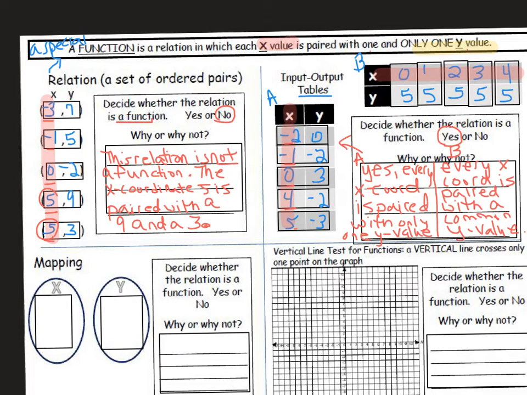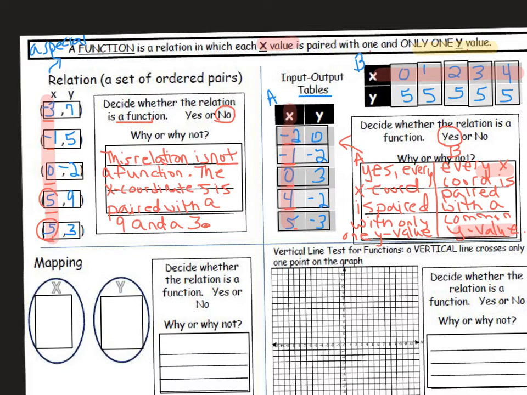Okay, Patriots, please don't forget to write: every x coordinate is paired with a common y value, and when that's the case, that is okay, because every x coordinate is still different. So it still meets the definition of each x value paired with one and only one y value.